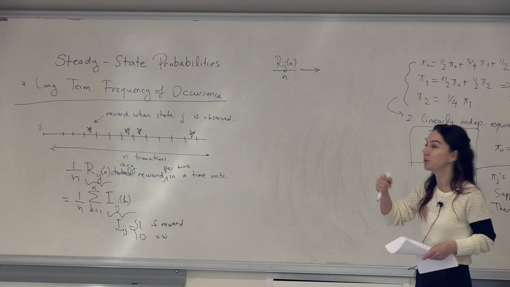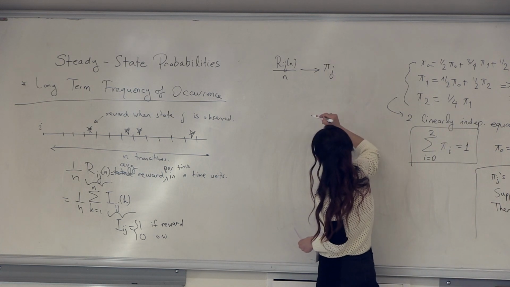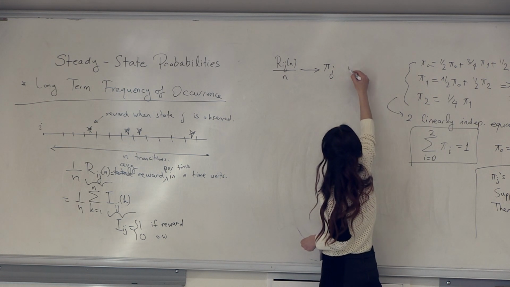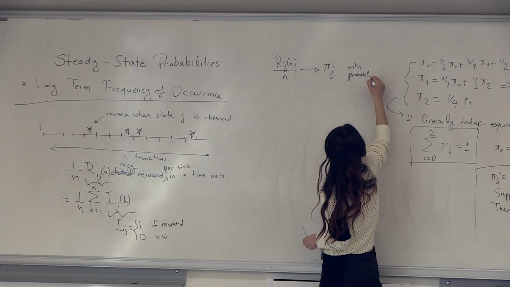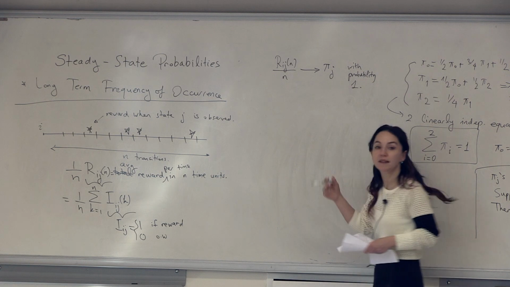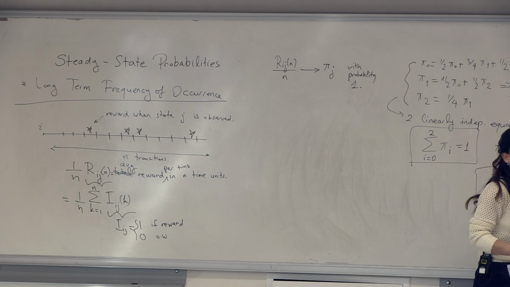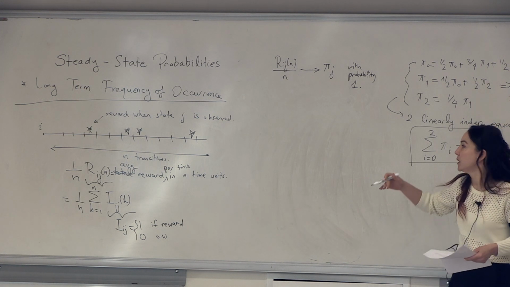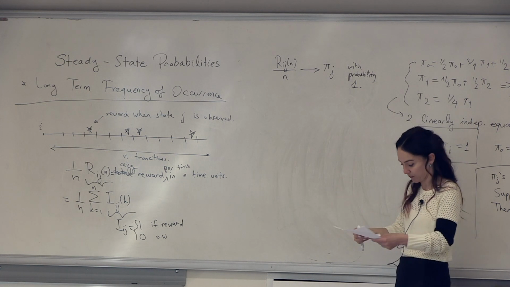That is the steady state probability of state j. So this converges to pi j almost surely, or with probability 1. So I can interchangeably use steady state probabilities or the steady state fraction of time that state j is visited.